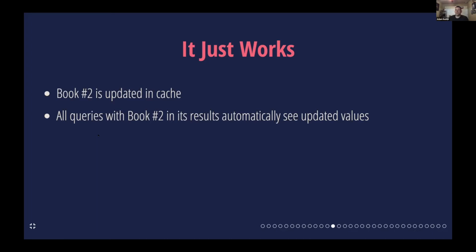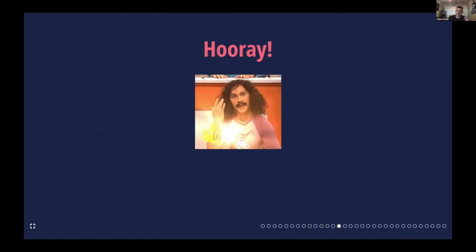Any piece of our UI that was running either of those queries will just see book number 2 update automatically for free. And that's really, really cool. When you first start using GraphQL and you use a client like that and you see things change in real time just on the client without having to fire a new network request, it's a real nice hit of dopamine. It's a good feeling and it makes you really excited about GraphQL.